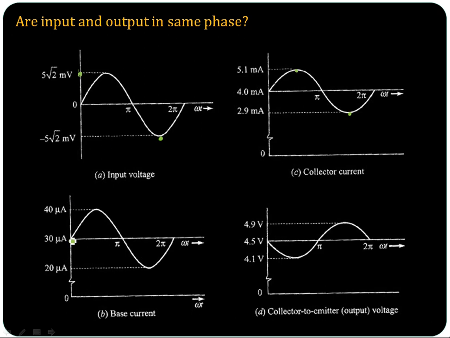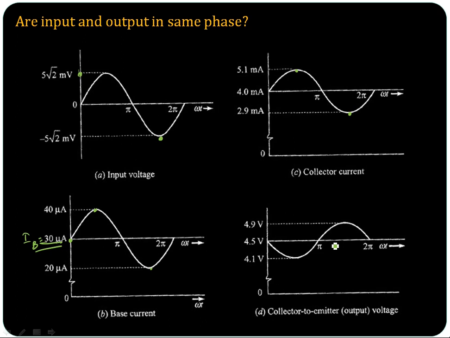And the base current is varying between 40 microampere and 20 microampere, because 30 microampere is the base current for the quiescent condition which we have discussed.